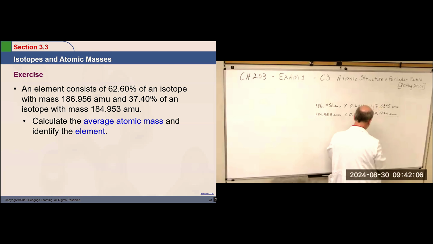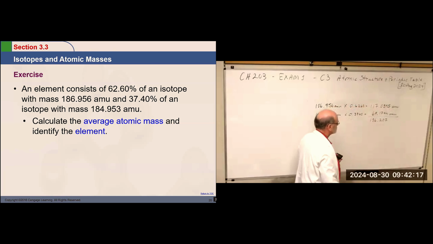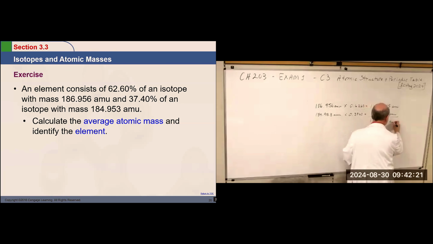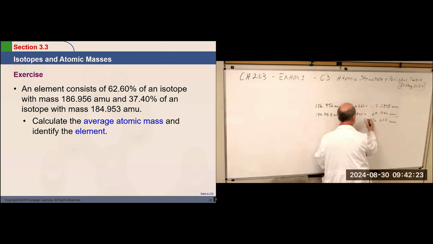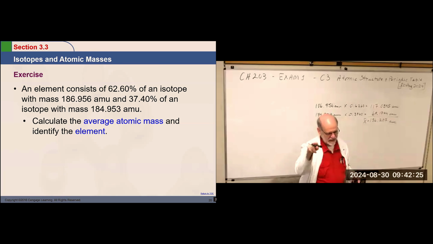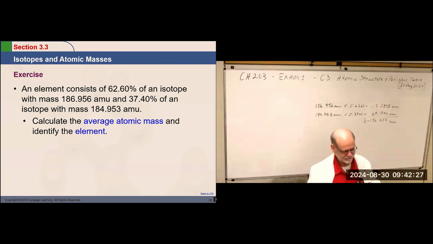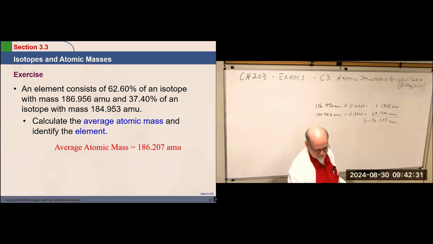So now all we have to do is add those two together. We get 186.207. So this is the average value, right? And x with a line over it means the mean, average. Okay, so we got that value.